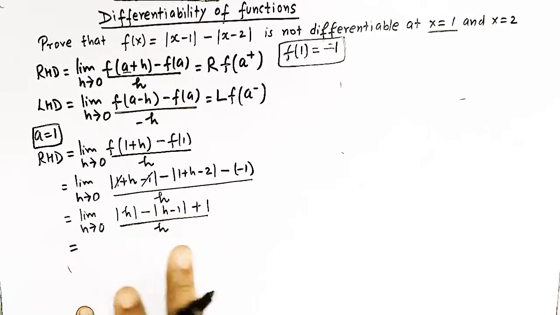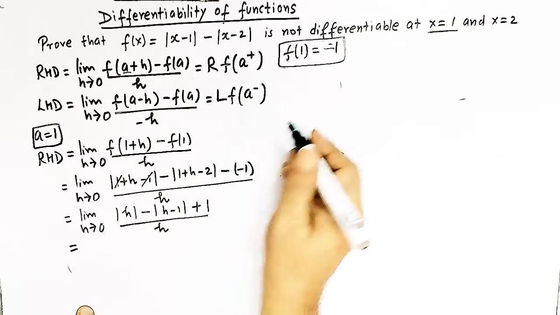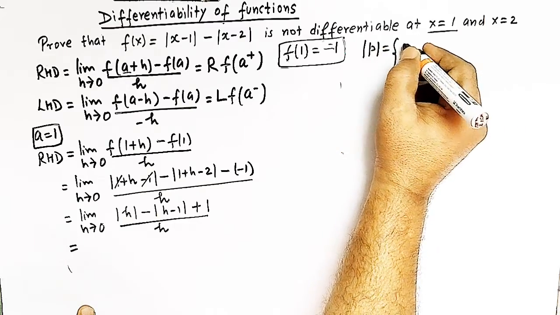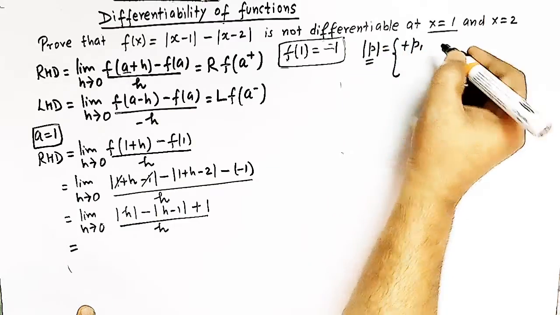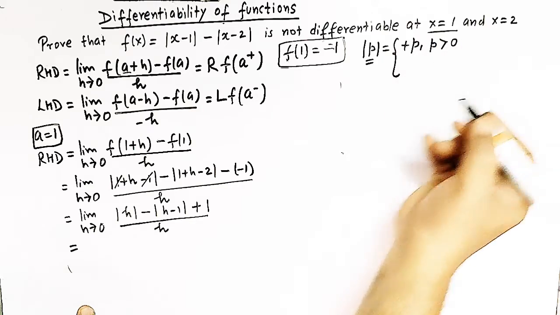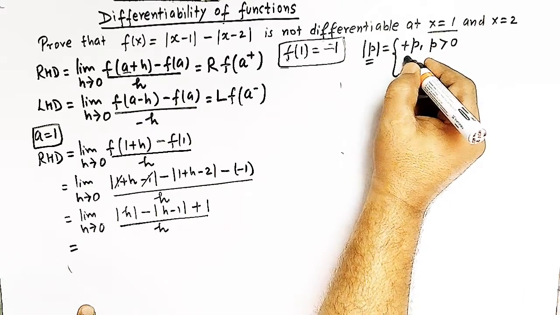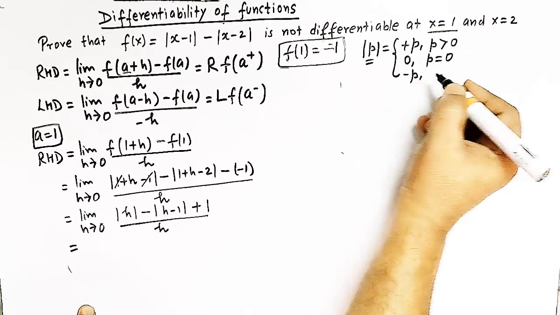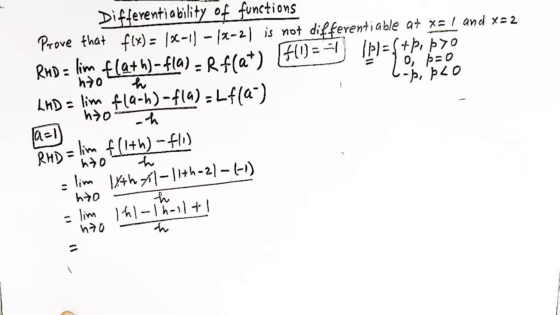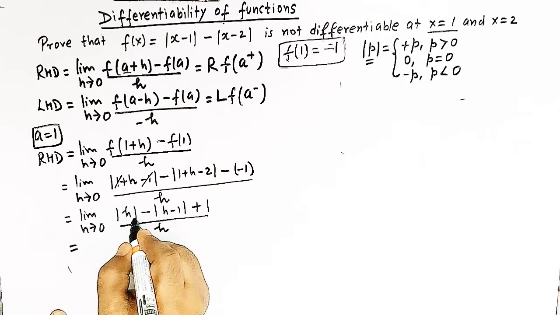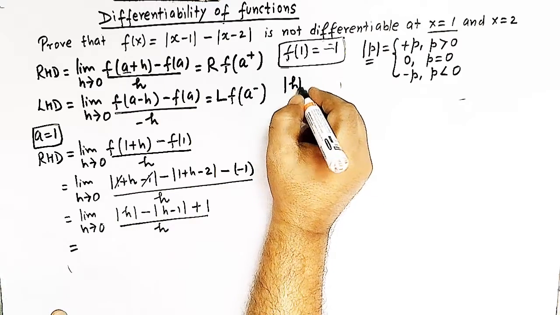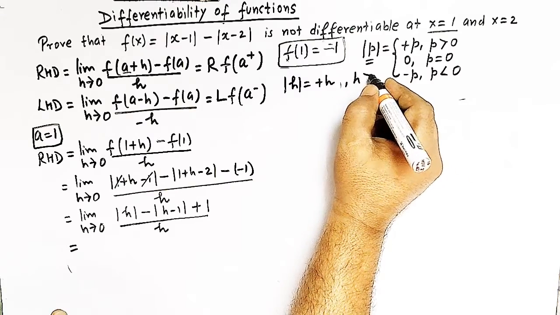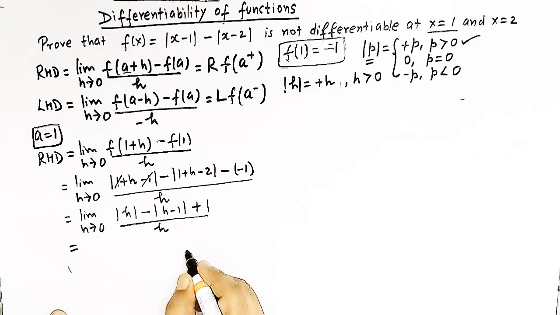So now let us make use of the definition of a mod function here. Mod of p is defined as positive p whenever p is a positive number, that is greater than 0, and mod of p is 0 whenever p is equal to 0, and mod of p is negative p when p is less than 0, right? Now see, here we have mod of h, and mod of h is simply equal to positive h, because h is greater than 0 due to this definition, right?